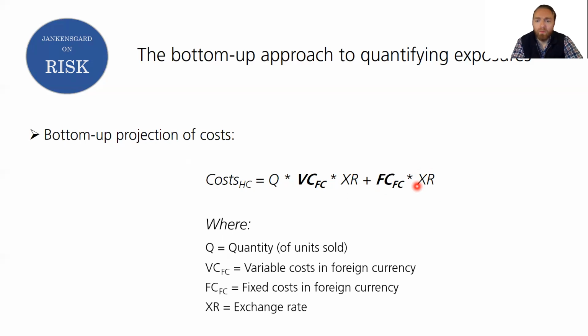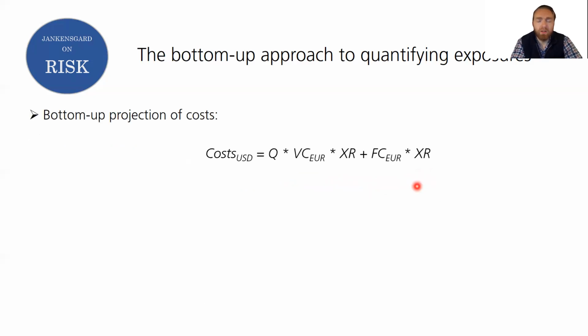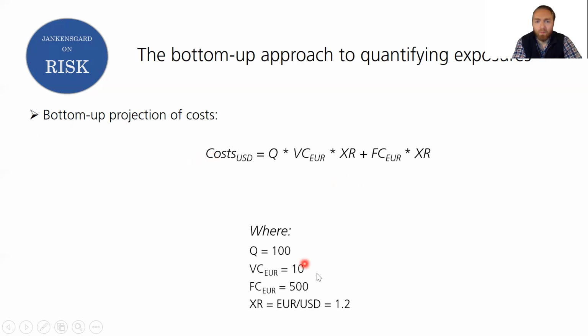So in a similar fashion, we can feed some numbers into the formula. Again, we take the perspective of the US-based firm over here, and the same number as before for quantity. The cost per unit produced here is 10, sorry.